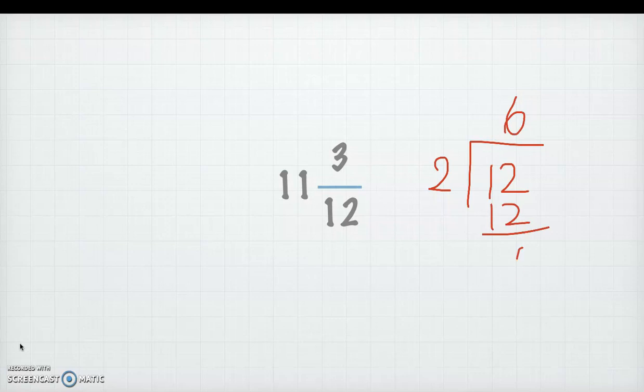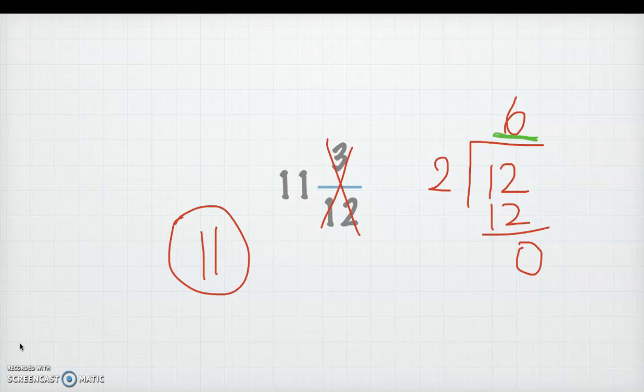I have no remainder. I compare my quotient, 6, to my numerator. Which one is greater? 6 is greater. My quotient is greater, which means my fraction is less than 1/2. So all I'm going to do is drop that fraction, and my final answer is 11.